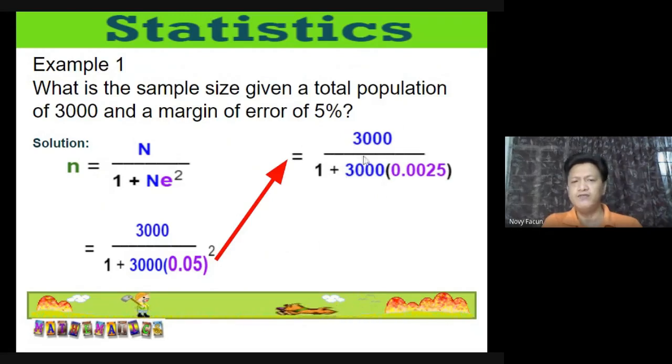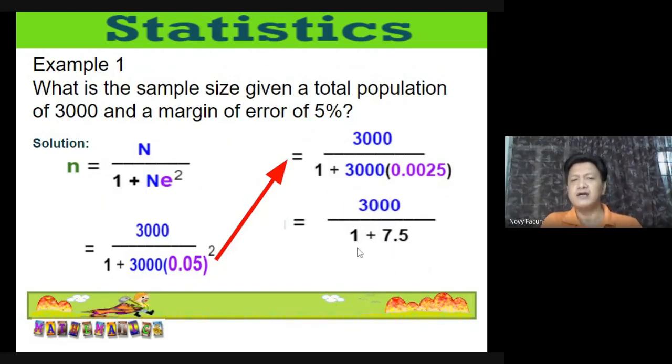So therefore, we have 3,000 divided by 1 plus 3,000 multiplied by 0.0025. Saan nanggaling yung 0.0025? Dito po sa 0.05 squared, ini-square ko siya. Pag sinabi ni square, minultiply mo yung 0.05 sa sarili niya. And then, after that, you can now multiply the 0.0025 to 3,000. And that will become 3,000 over 1 plus 7.5.